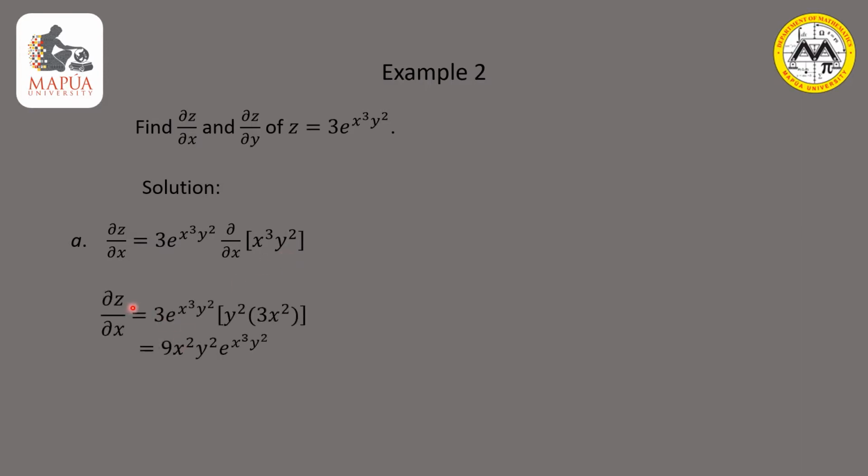And the partial derivative of z with respect to x would now be given by 3 e to the x cubed y squared times the partial derivative of x cubed y squared with respect to x, which is given by y squared times 3x squared, such that the partial derivative of z with respect to x is now given by 9x squared y squared times e to the x cubed y squared.